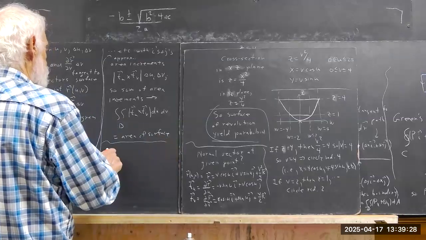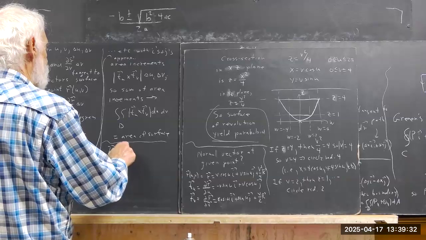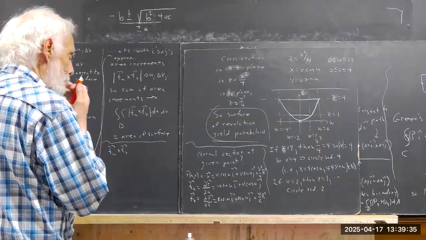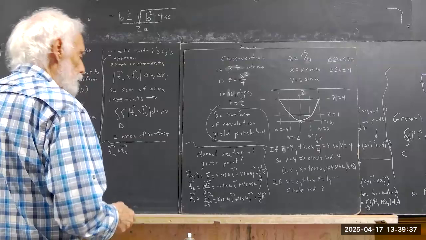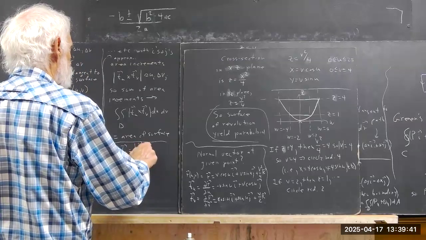So in this case, T_u cross T_v equals, and you've got three components.